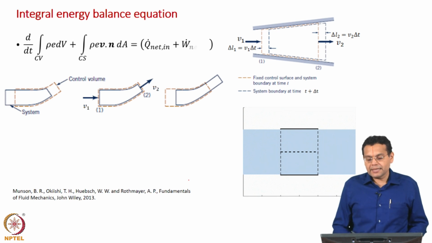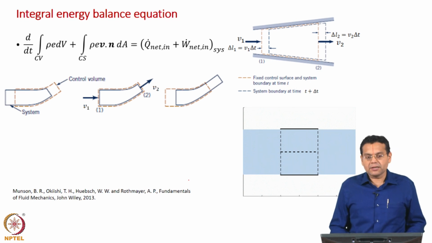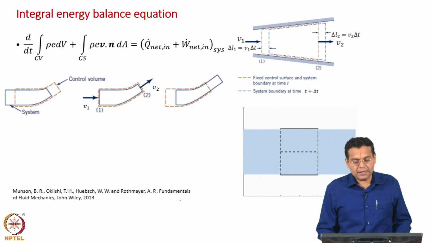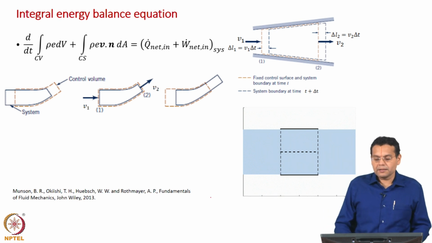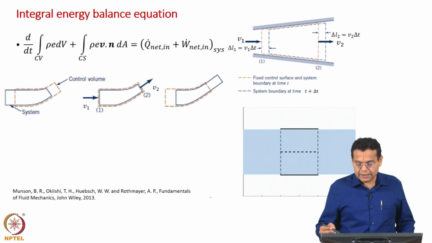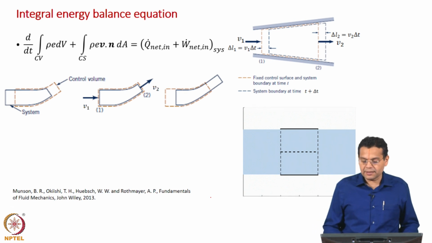To express the right hand side in terms of control volume, we have discussed the concept of coincident control volume and system. What does it mean? At time t, we consider the system and control volume to be coincident. That is shown in 3 different ways here as earlier.